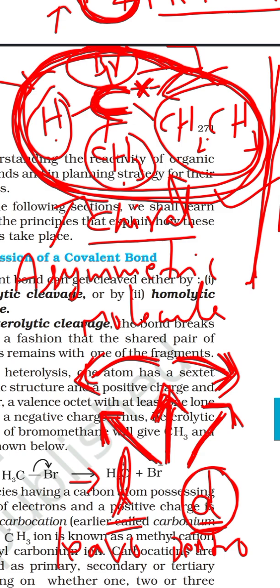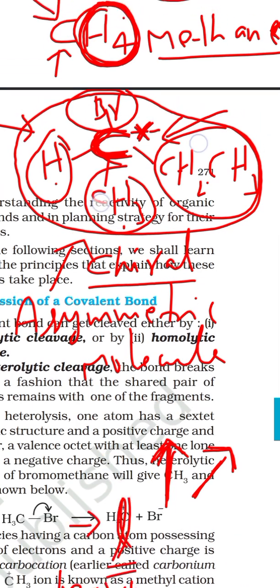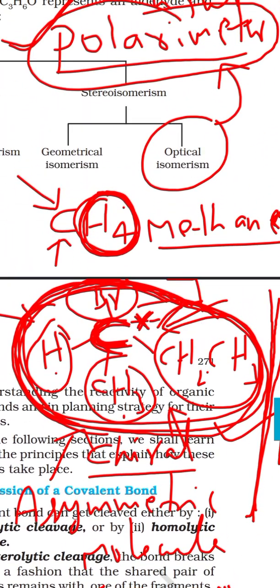These two isomers are called optical isomers. Optic means light. They rotate plane polarized light in different directions, so that is the only difference. Everything else is the same. That's why they are called optical isomers. This phenomenon, where plane polarized light is rotated by one isomer to the right hand side and by its mirror image to the left hand side, is called optical isomerism.